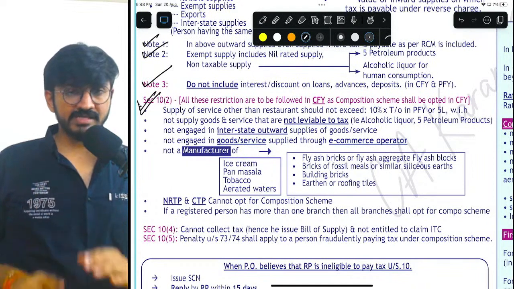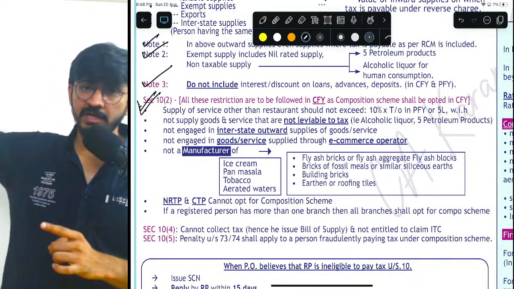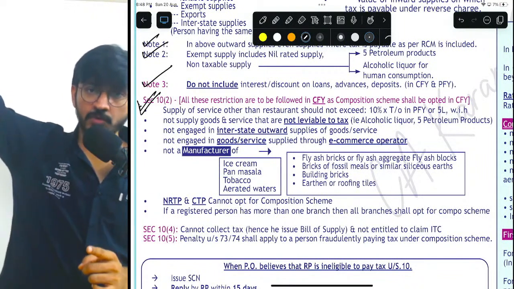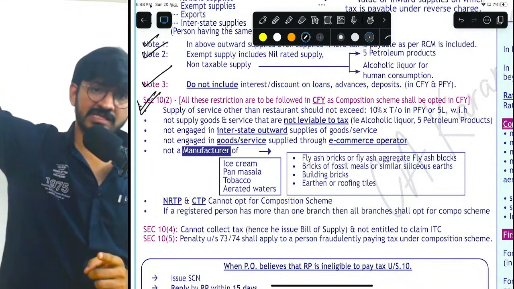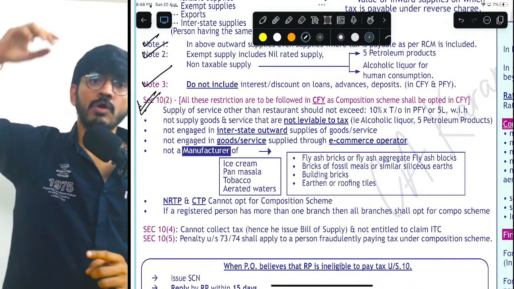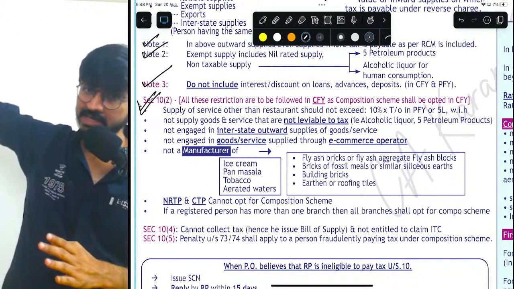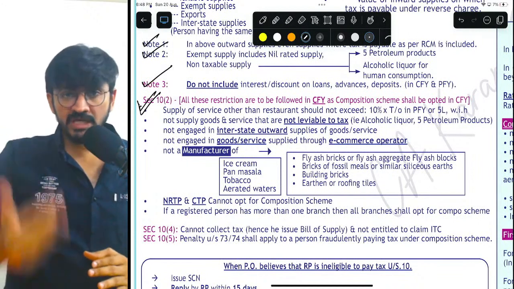You calculated the aggregate turnover of the preceding financial year, in which you included everything on earth except inward supply, except GST, except interest. Now you have concluded that your aggregate turnover was less than 150 lakhs, which is why you are going ahead with the compo scheme.